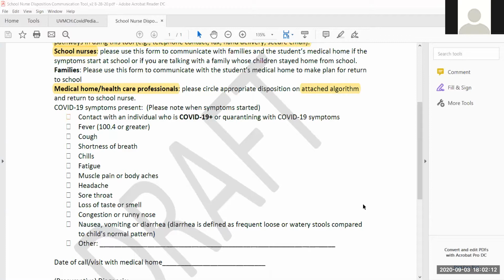The whole point of all of this that we've been doing and talking about for months is to keep COVID out of the schools the best we can, for as long as we can. And that includes kids having to stay home for 14 days when their parents just don't want to call the provider and have a conversation.